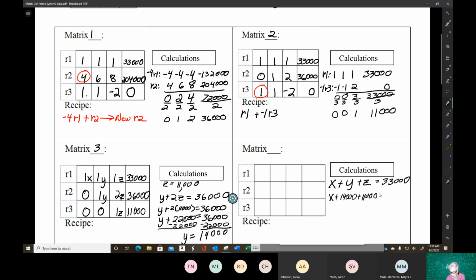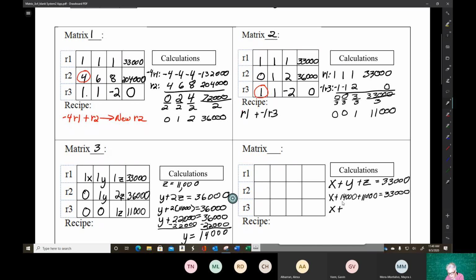So that's going to equal 33,000. And so we'll have X plus, now we're going to have 14,000 plus, yeah. Miss Barbara, wouldn't X be 11,000? Well, probably, but I just want to make sure.